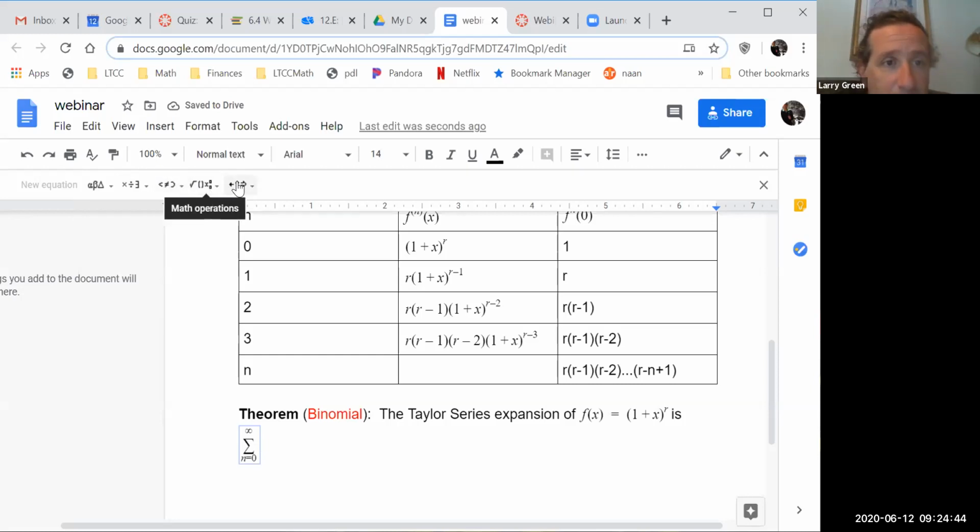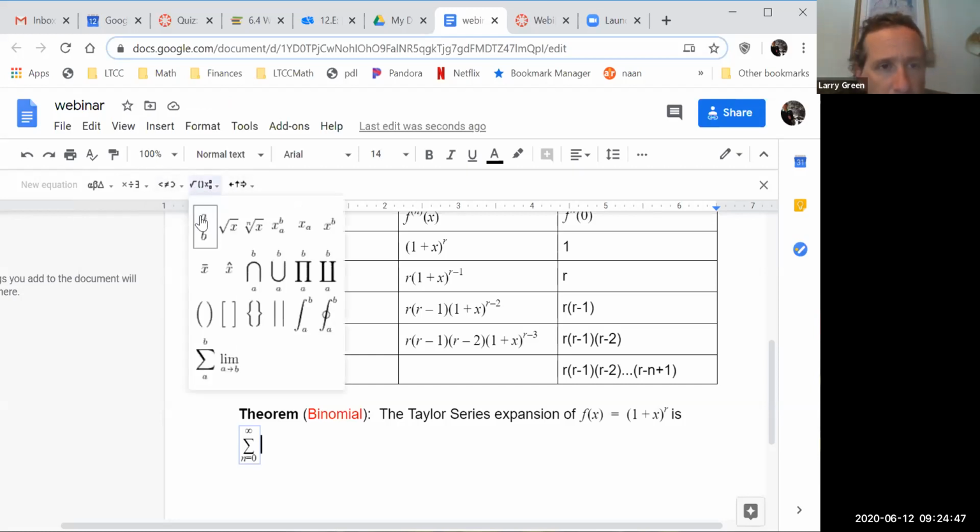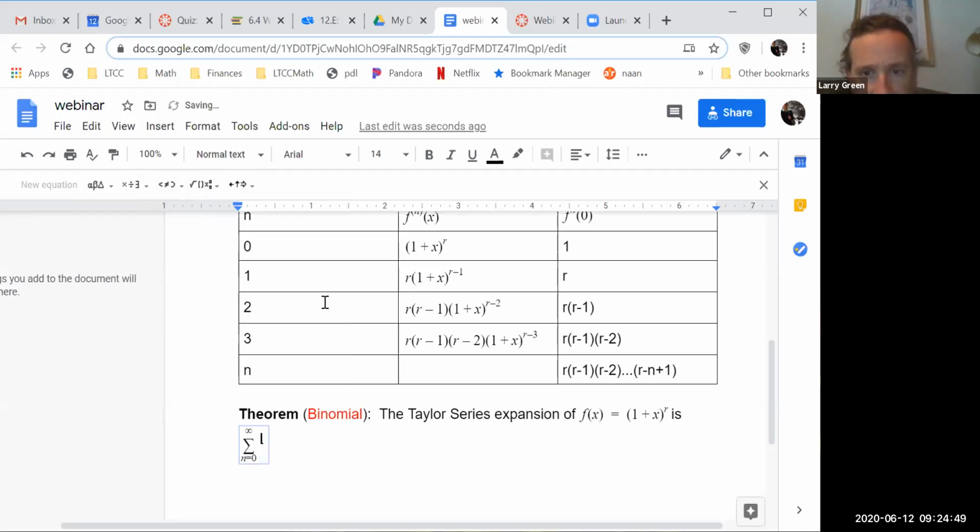And what we're going to have is a fraction. We're going to have r times (r minus 1) times (r minus 2) dot, dot, dot, times (r minus n plus 1), divided by n factorial, because that's all part of the Taylor series formula.